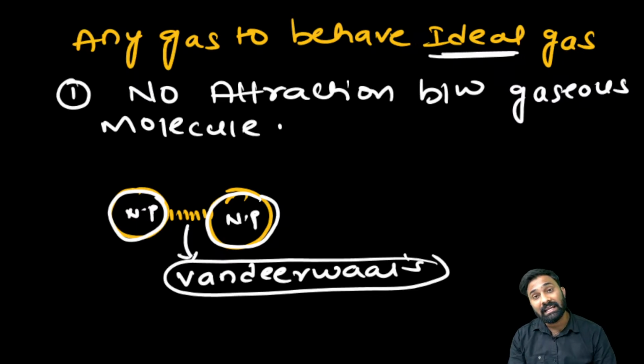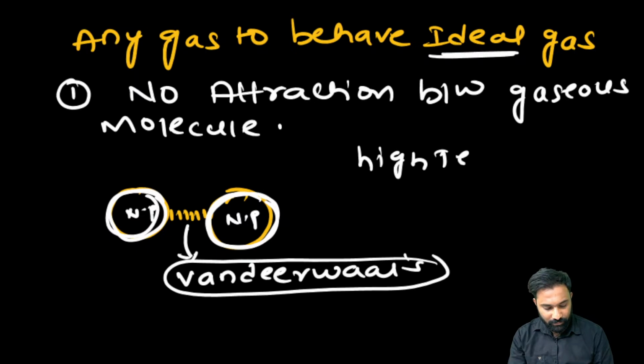So when will this real gas behave as an ideal gas? Can anyone tell me the condition? If you know the condition, I will write the options: A, high temperature, high pressure.